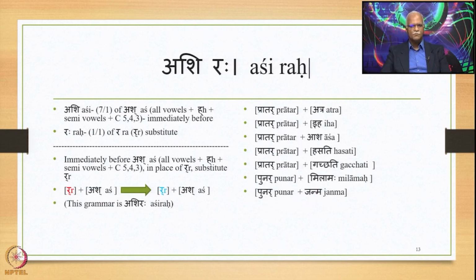However, this is a more general rule. If we specify the left hand side environment, then there is scope for some more change in place of r. One more thing to note over here is that this r is not part of any sup.